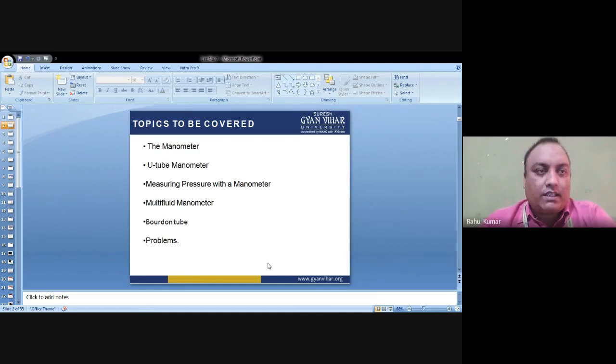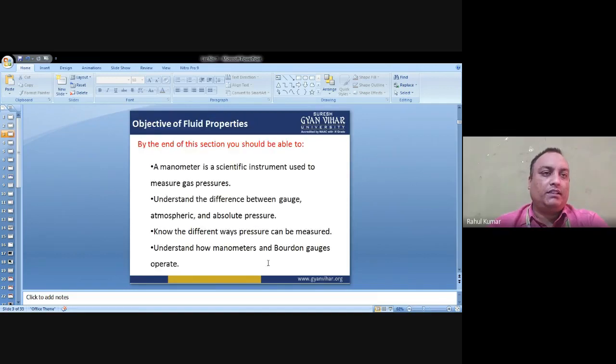For today's topic, I will cover the manometer concept, introduction and operation of the manometer, U-tube manometer, measuring pressure with a manometer, multi-fluid manometer, and Bourdon tube, which is another pressure measuring device different from the manometer, and the problems related to these topics.